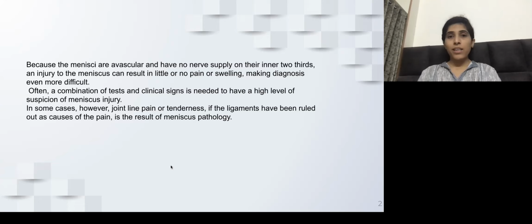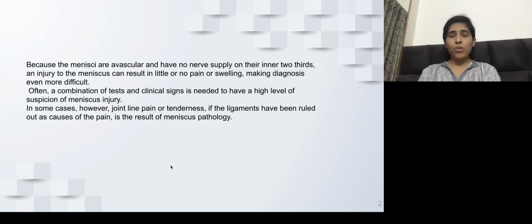So whenever an injury occurs in the outer area of the menisci, there are more chances of it healing.